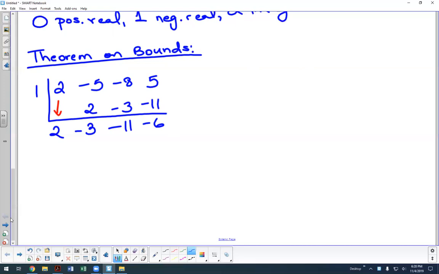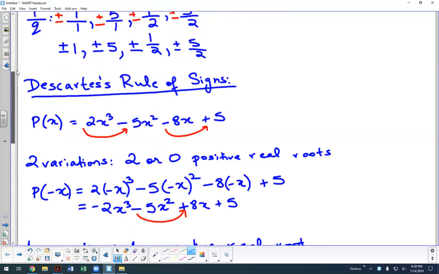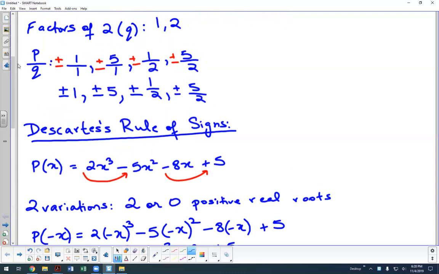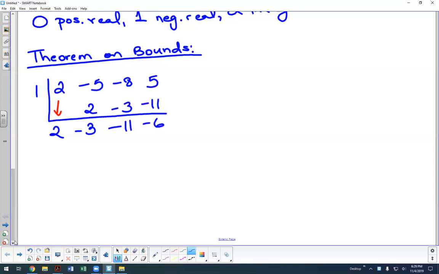Since they are both part of our rational zeros, we just wanted to check and see, do you get a 0 root for those numbers or not? Okay. So we're kind of using the Theorem of Bounds to help us check. So in more than one way, this guy doesn't work out for us. Okay, so 1 did not work out, which means we move on to positive 2. Will we get non-negatives with this one?